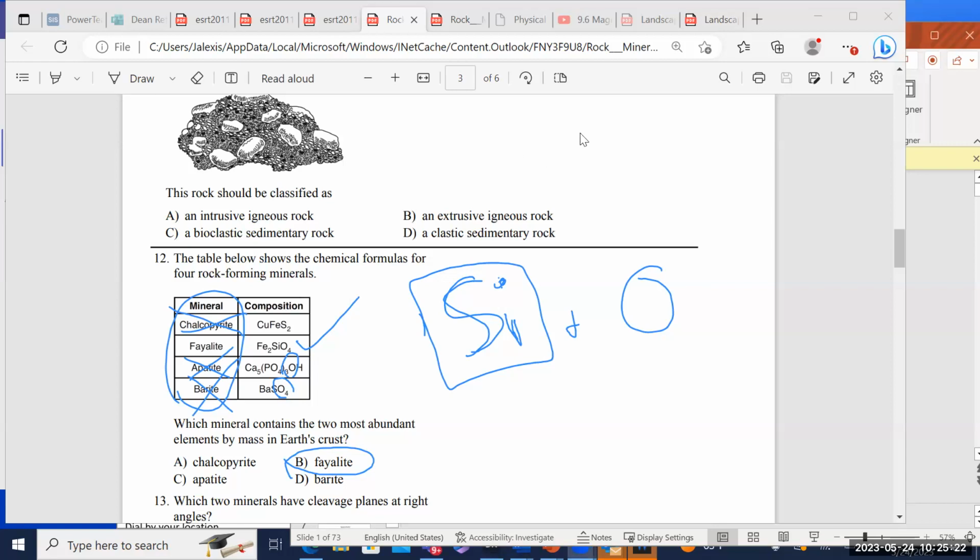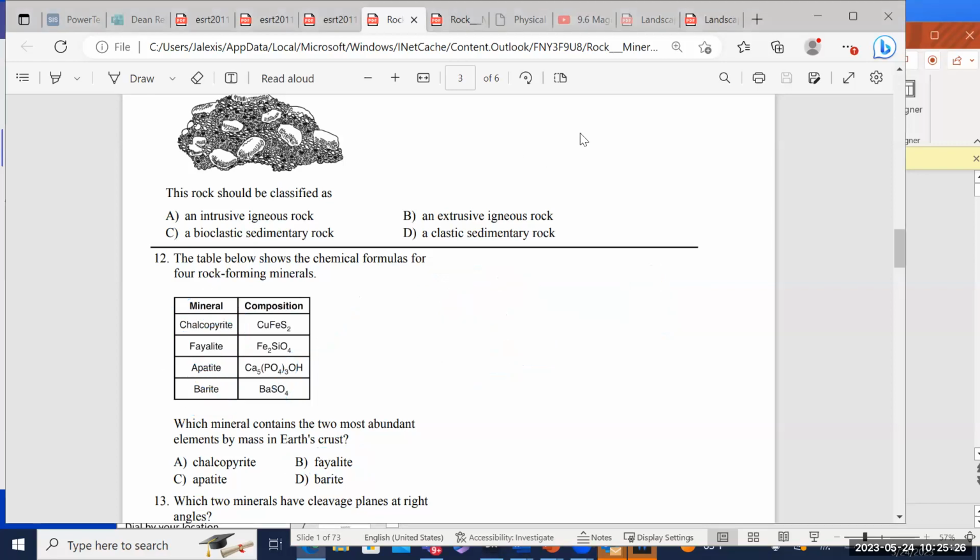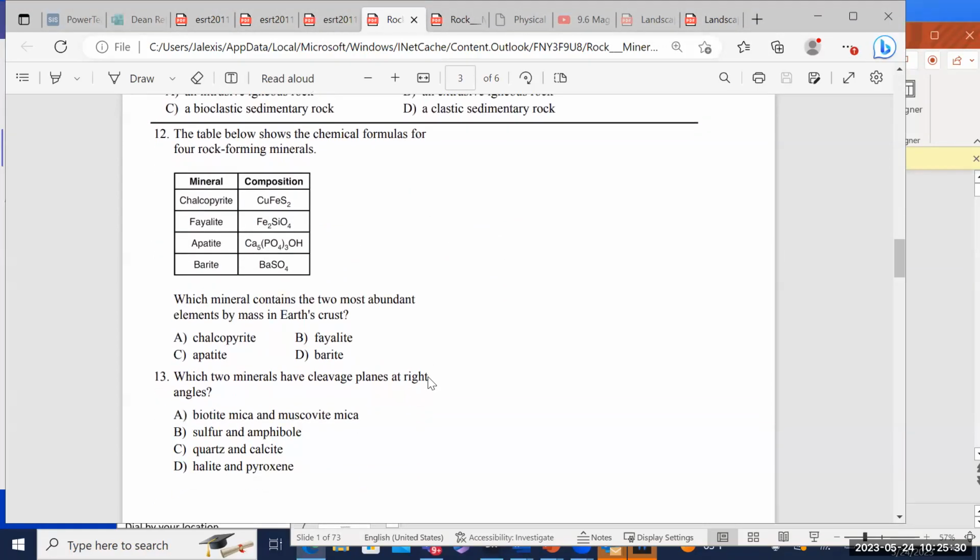And moving on to number 13. It states, which 2 minerals have cleavage planes at right angles? What page am I going to look at that has detailed distinguishing characteristics of minerals?